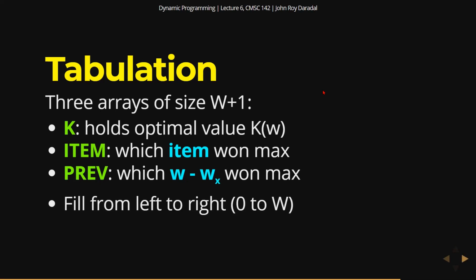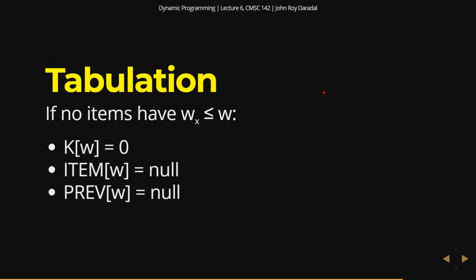We fill this from left to right, from 0 to W, and of course we fill up the base case first. After that, we can fill up the other sub-problems. If there are no items that fit the current capacity, then we add the value of 0 because we can't put anything, and we put null in both the item and previous arrays.